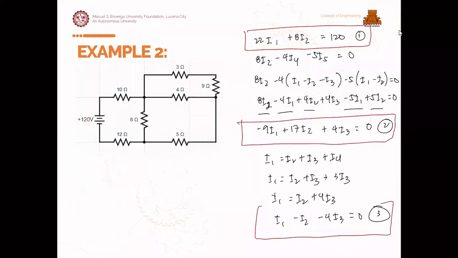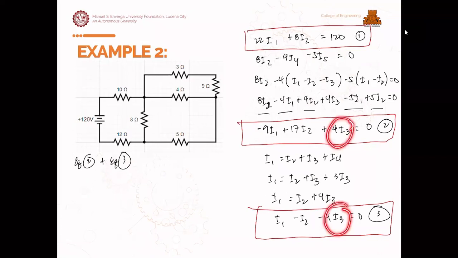Okay? So paano masasolve yan? So pwede natin gawin is yung equation 2, add natin sa equation 3. Pag pinag-add natin yan, yung value ng I3 natin will be deducted. So matitira is I1, I2.